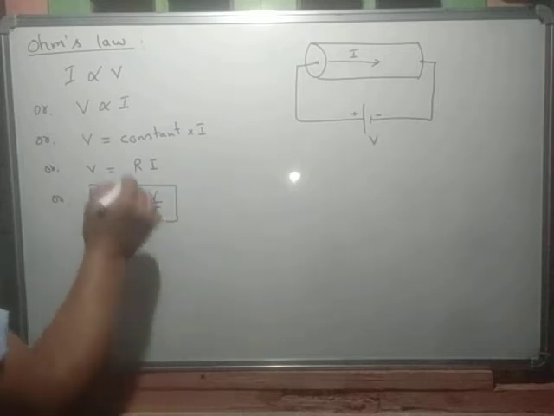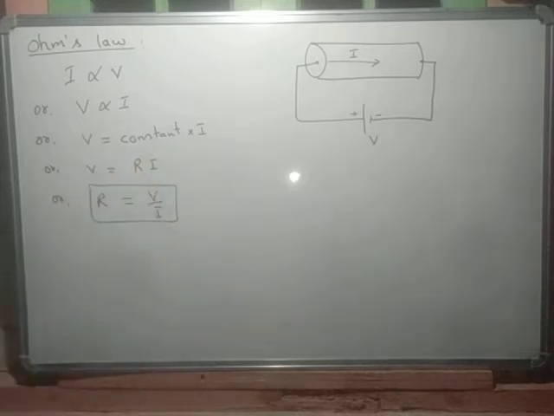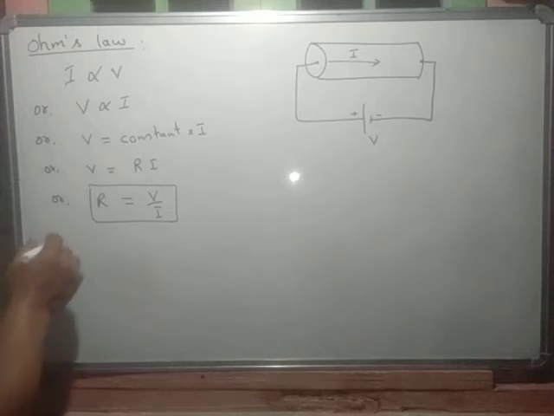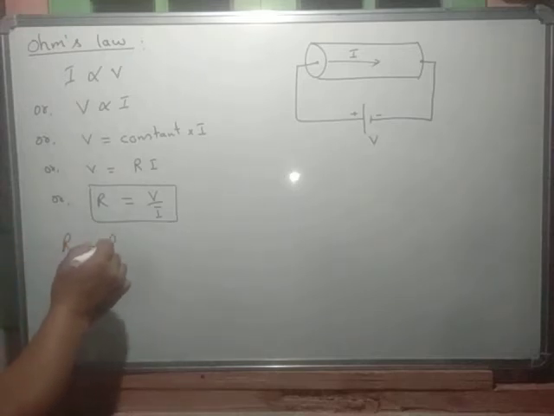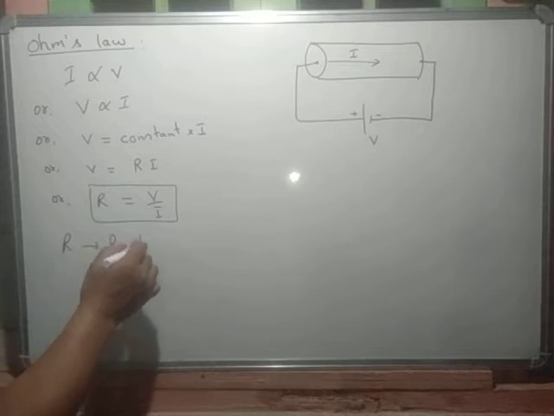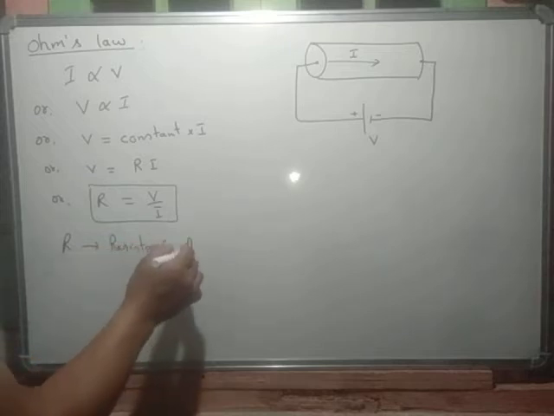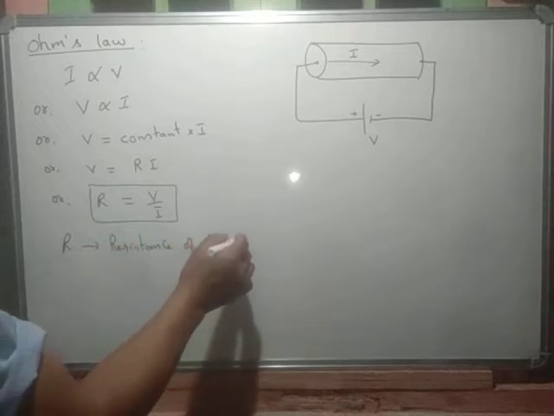And this R is a constant of proportionality, and the name of this constant is the resistance of a conductor.